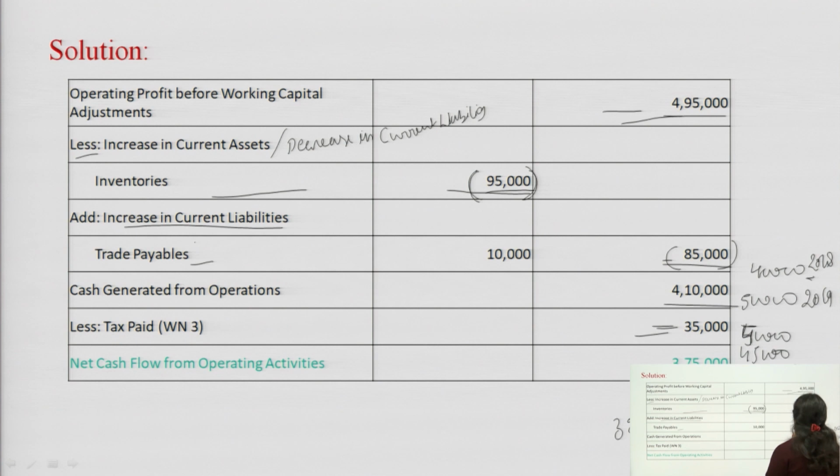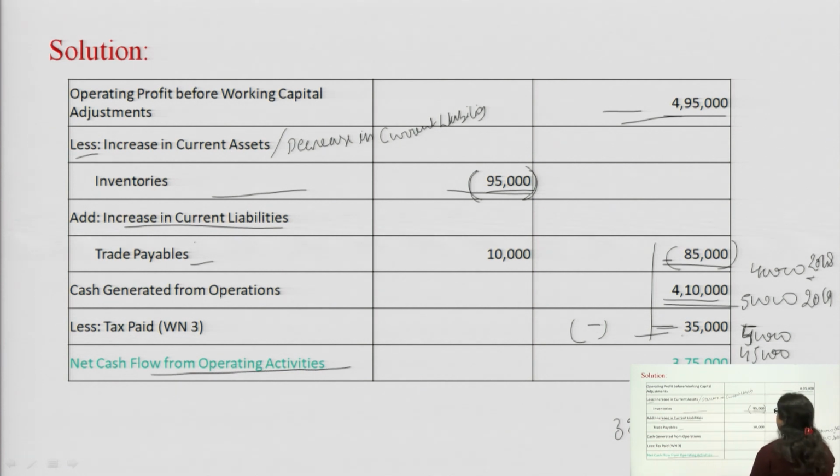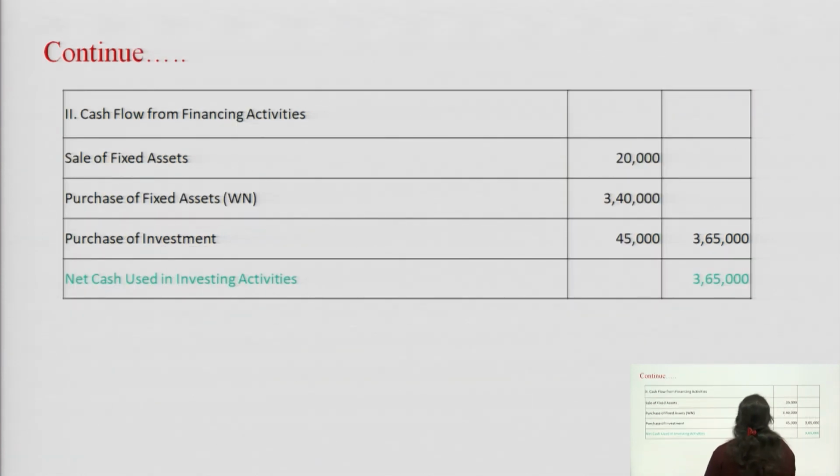Now we will subtract this from 4,10,000, and it will come out 3,75,000. This is the amount which comes from cash flow from operating activities. Moving further to the next part, we will carry the balance 3,75,000 here.